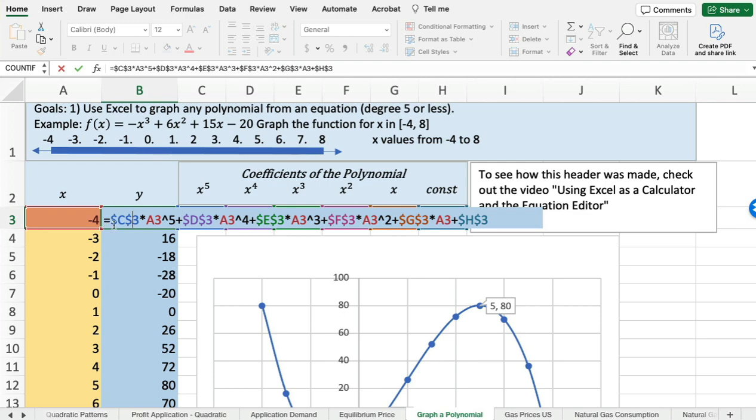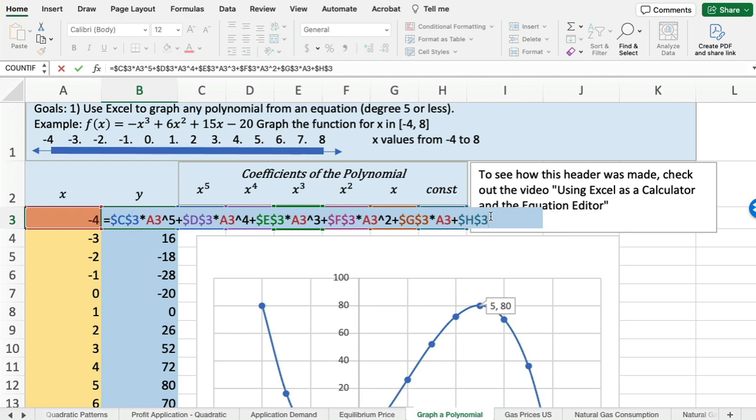We type equals $C$3 times A3 to the fifth power plus $D$3 times A3 to the fourth power plus $E$3 times A3 to the third power plus $F$3 times A3 to the second power plus $G$3 times A3 plus $H$3.